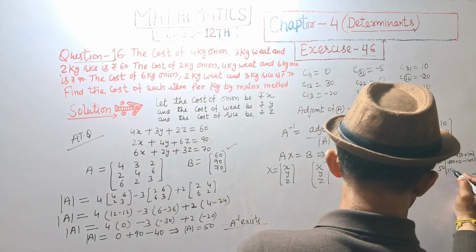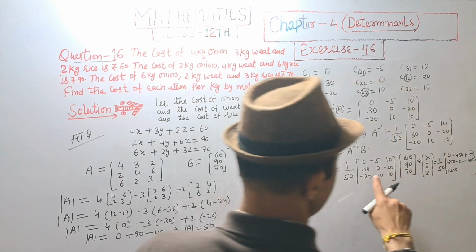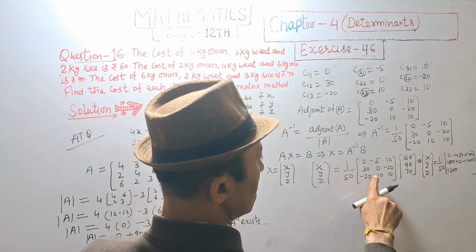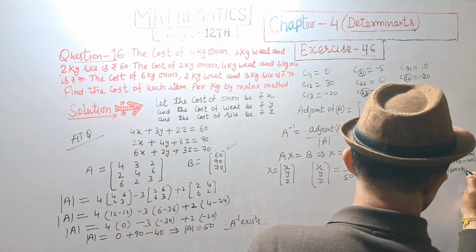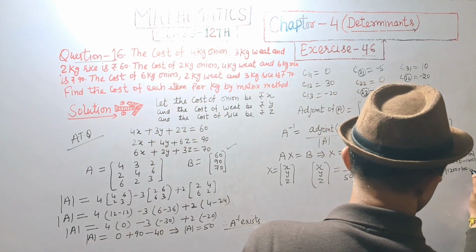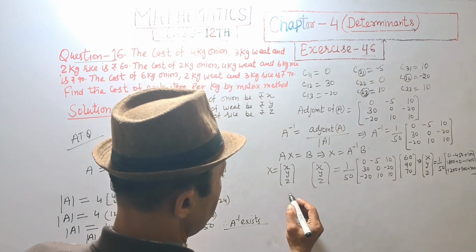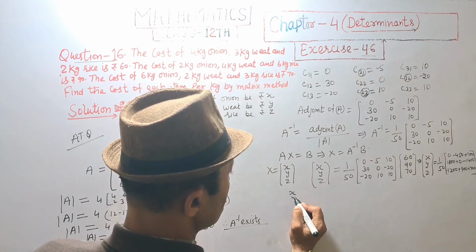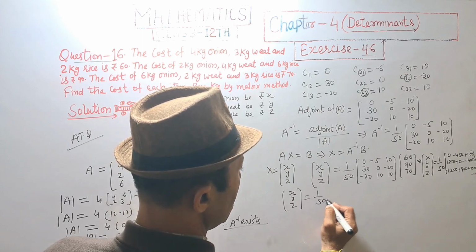Minus 1200, plus 900, plus 700. X, y, z is equal to 1 upon 50.